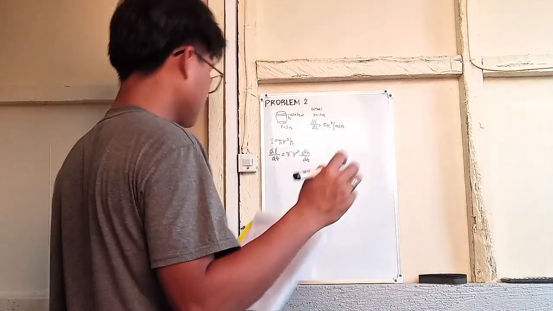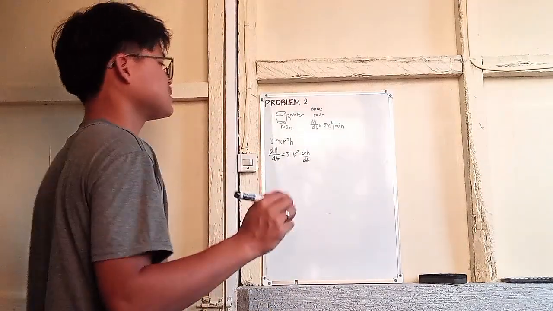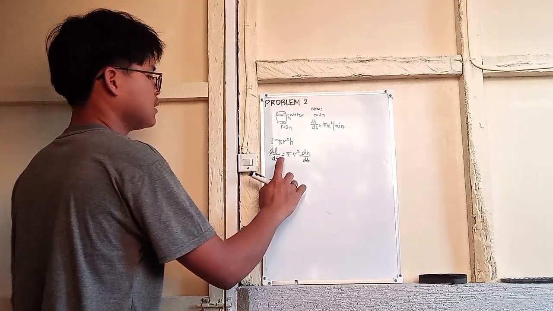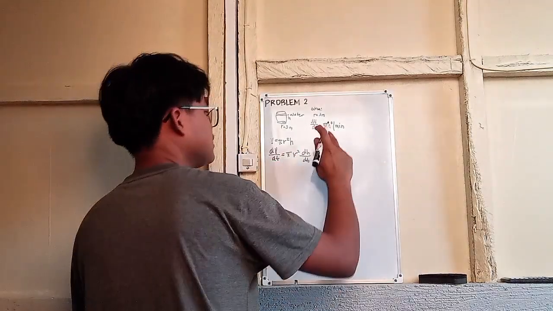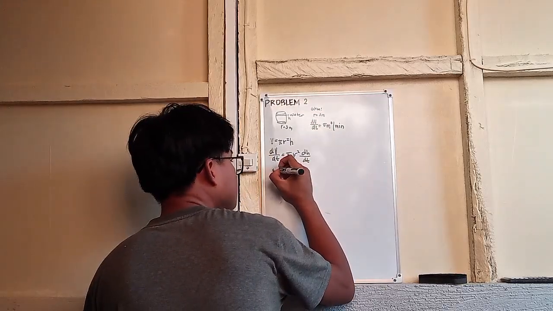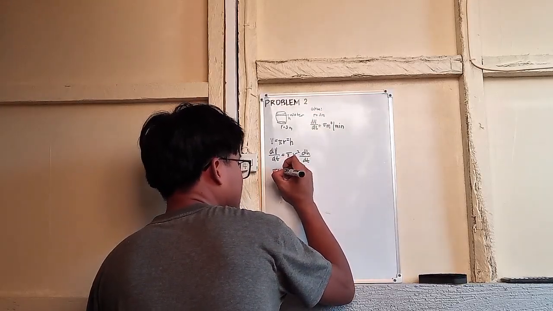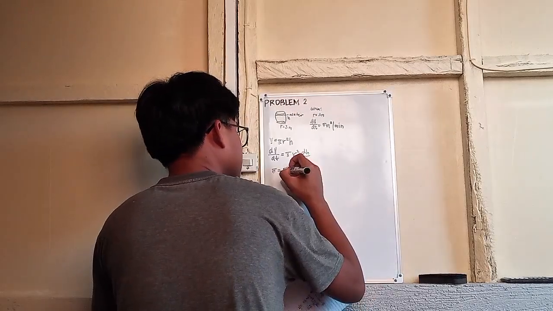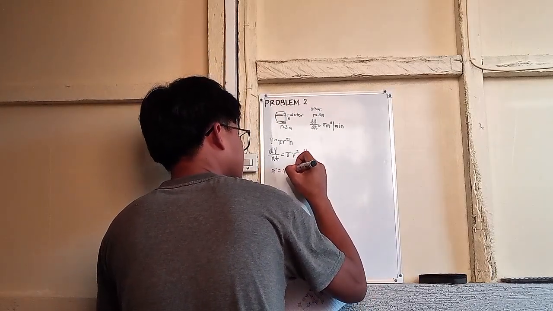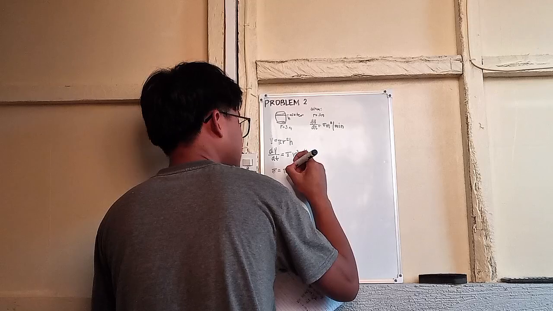Then next, we will substitute what is given into the formula. So we have dV over dt equal to 5, and our radius is equal to 3.